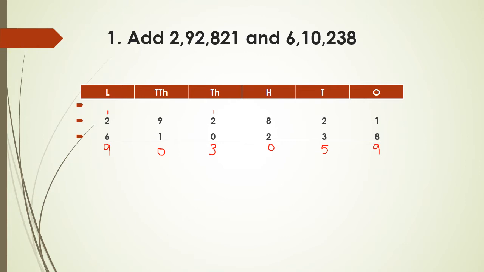Then 1 carry over. 1 plus 2, 3. 3 plus 0, 3. 9 plus 1, 10. 1 carry over. 1 plus 2, 3. 3 plus 6, 9. So now the answer is 9,03,059.